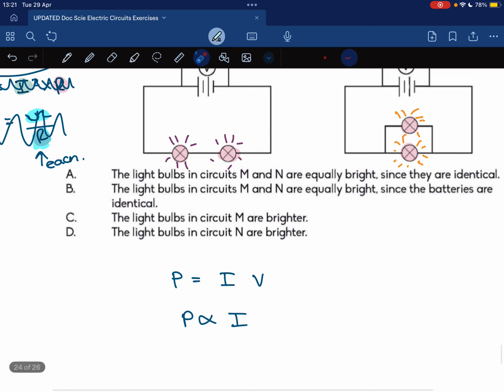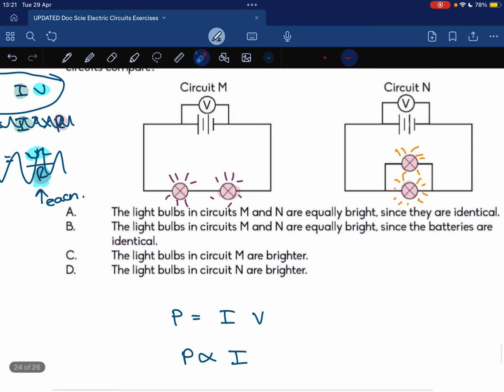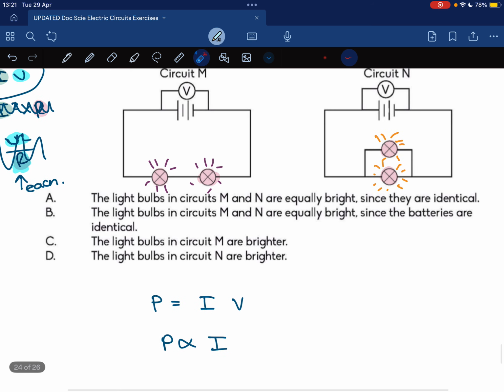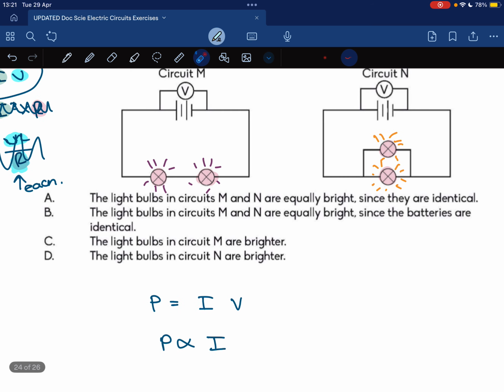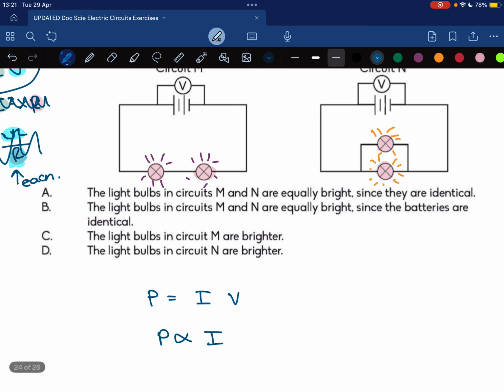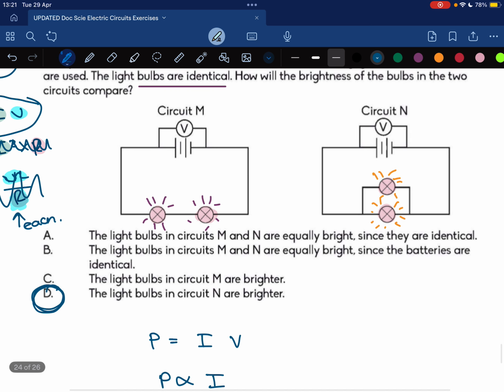So if that is true, and they are directly proportional to one another, then I know that the brightness in N is going to be more than the brightness in M. So then the answer must be D, because the brightness in N will be brighter than M.